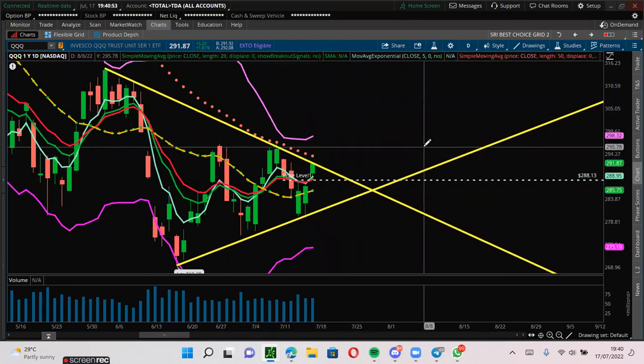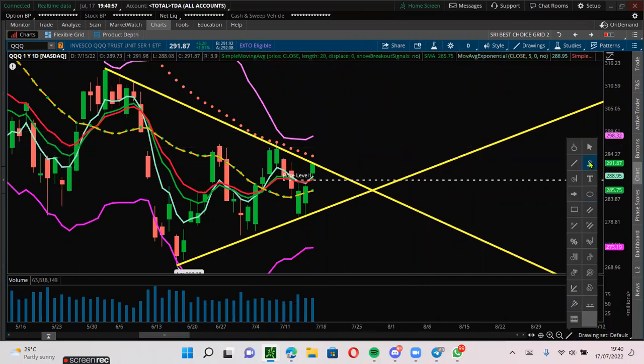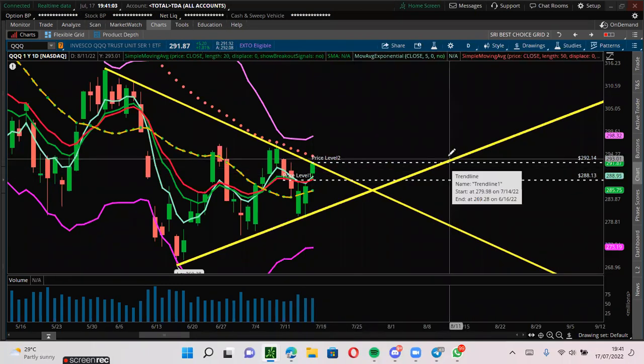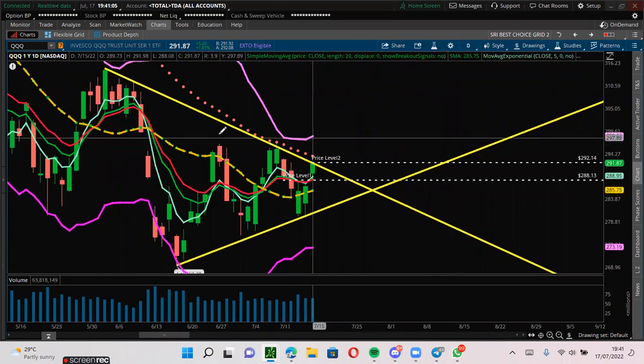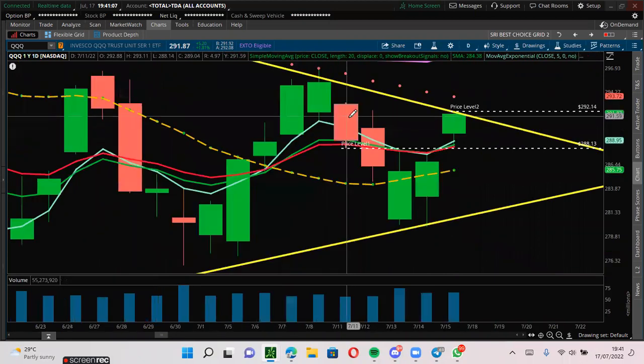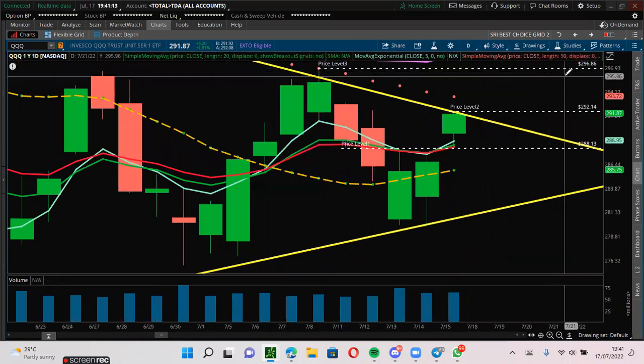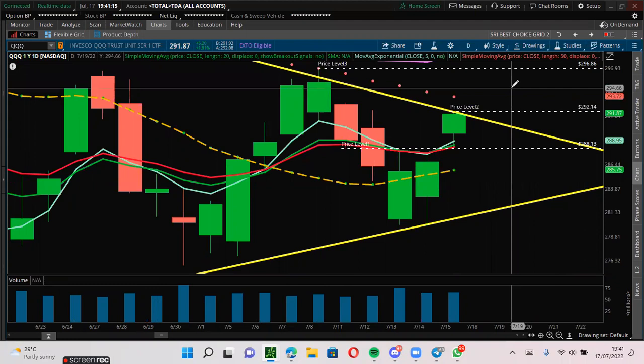So what's the next support or resistance for QQQ? I'll start drawing a few levels. This is where we are right now, 292. I wanted to know the immediate resistance. I see this is the immediate resistance at this level, 296.